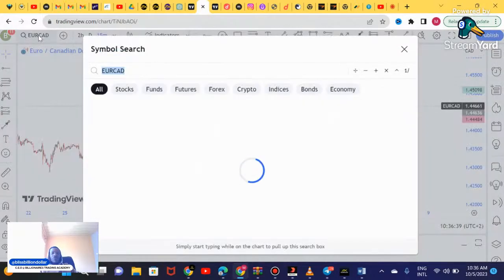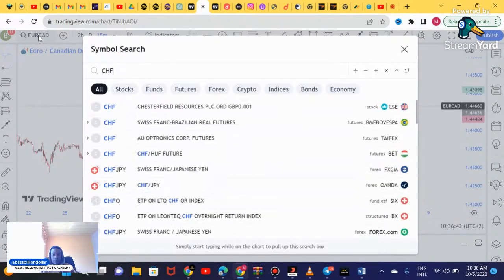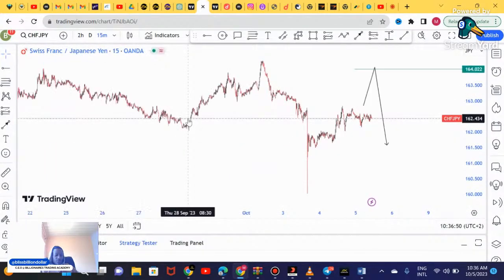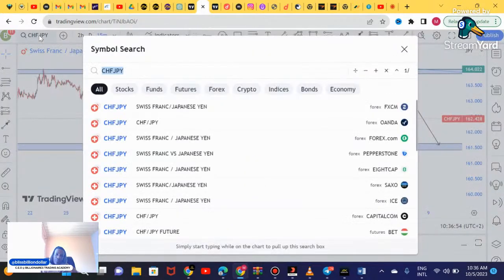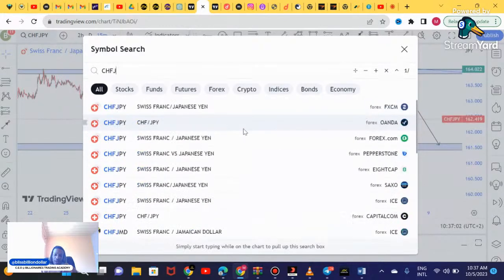Then we can look at CHF JPY. Right. Let's do just that.